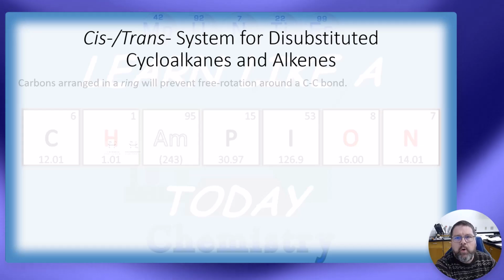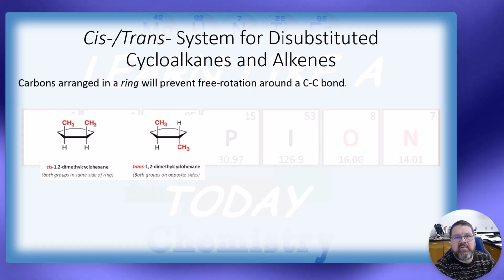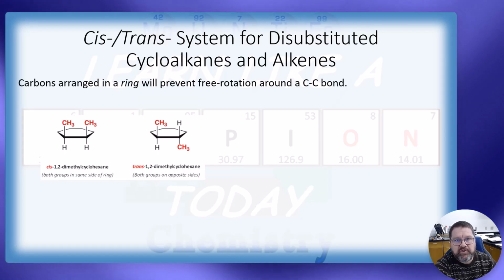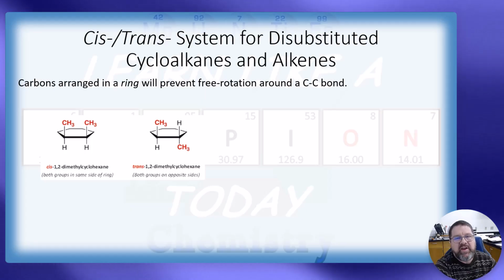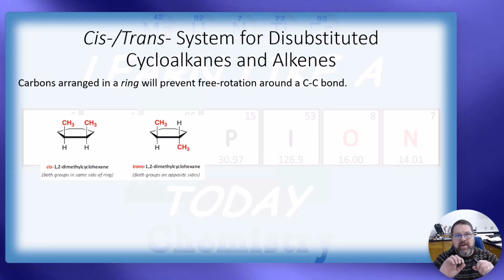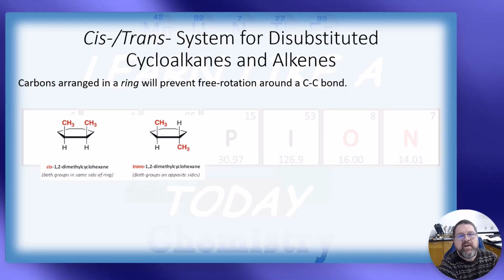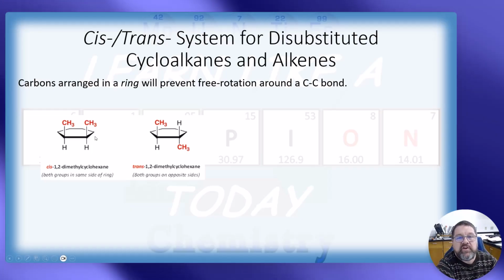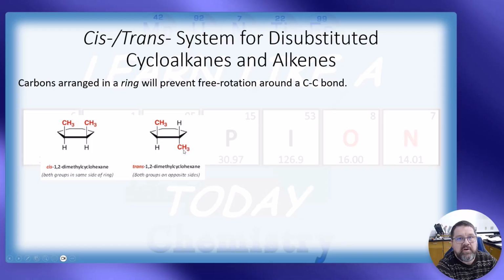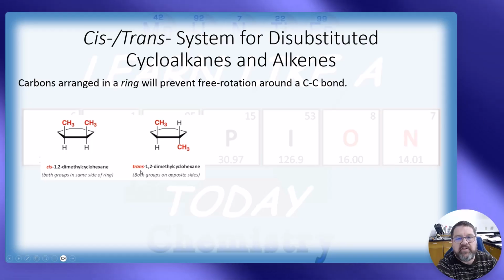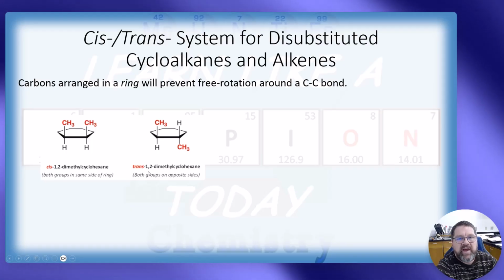And so when we have carbons that are in a ring structure, like with the cycloalkanes, that ring structure is also going to inhibit the ability to twist around any given single bond. And so the arrangement of any substituent groups now makes a big difference and leads to a slightly different name for that compound.